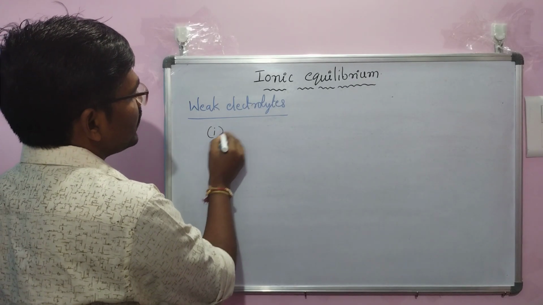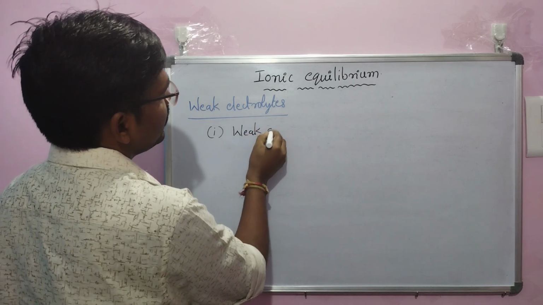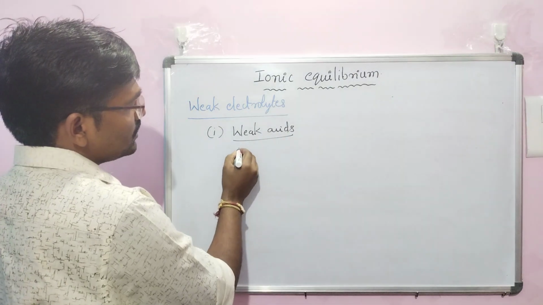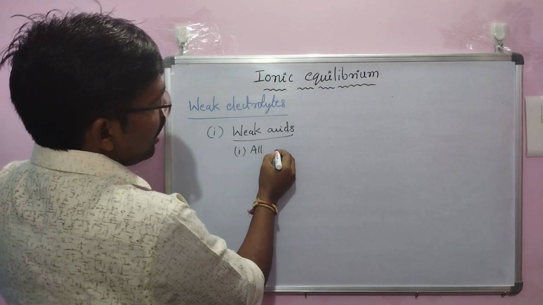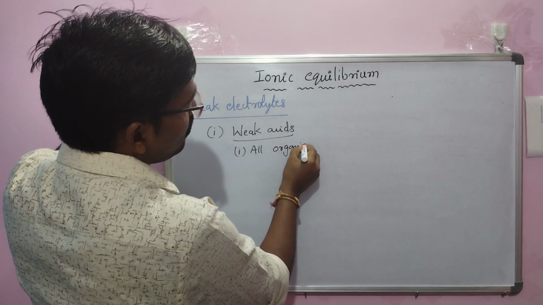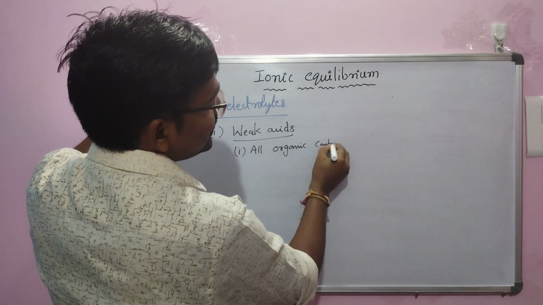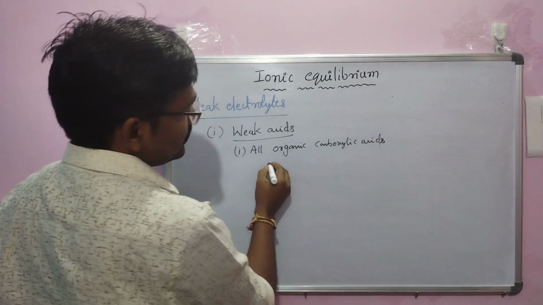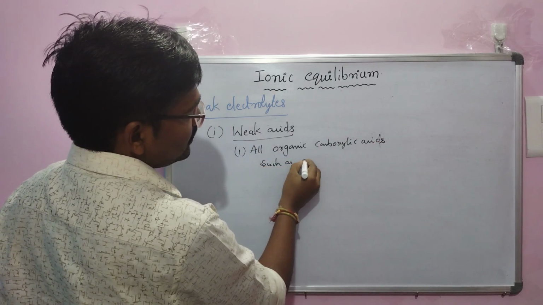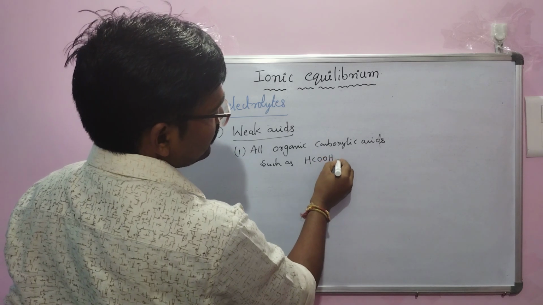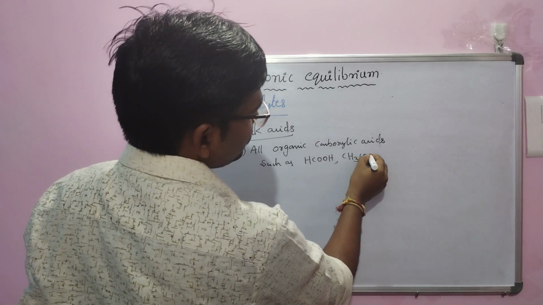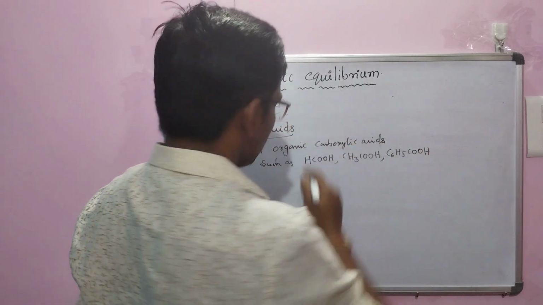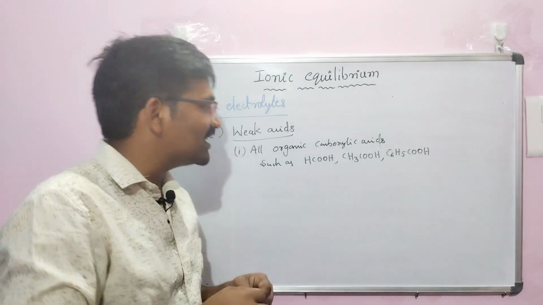First one: remember that all organic carboxylic acids, such as HCOOH, CH3COOH, C6H5COOH, all these are weak acids.